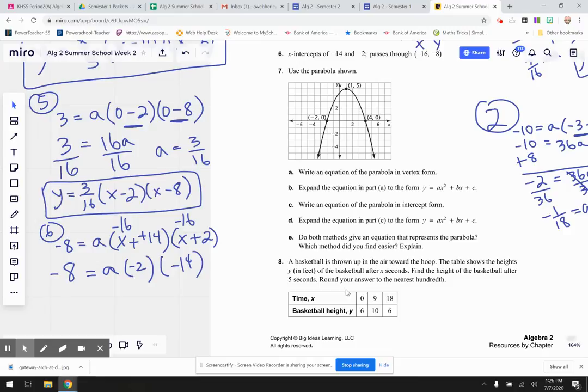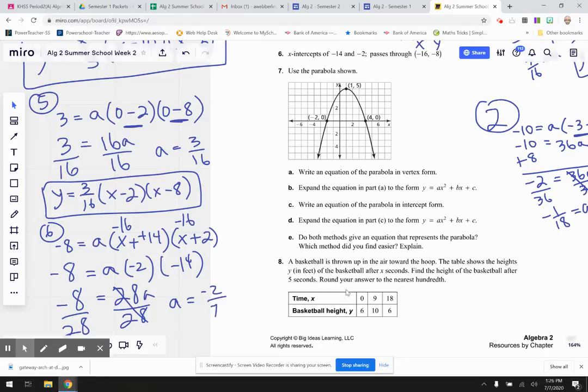So it will be -8. -2 times -14 is going to be 28a. Divide by 28, and you're going to end up reducing those by 4. So if you divide 8 by 4, you're going to get a -2, and 28 divided by 4 is 7.